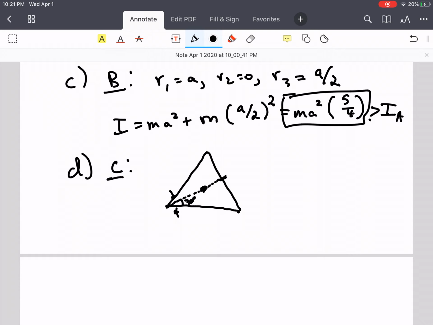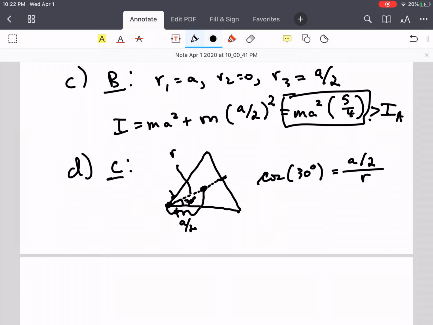And now it's pretty straightforward trig. I have half the side length over here, a over 2. I have a 30-degree angle, and this distance right here, which is the distance I'm after, is the hypotenuse. So cosine of 30 degrees is adjacent, that's a over 2, divided by hypotenuse, let's call that r.